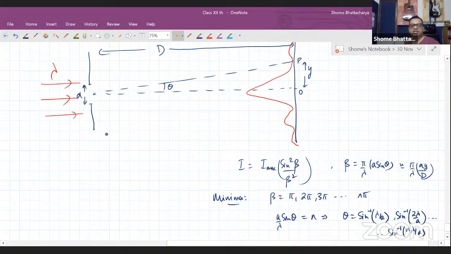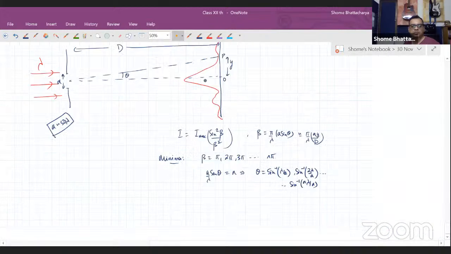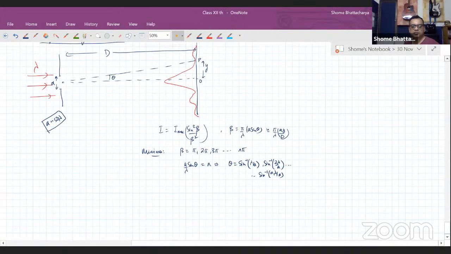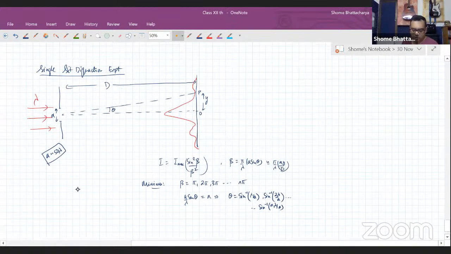And remember, for a standard single slit experiment, a is typically of the order of 50 lambda. So a bit wider compared to the YDSE setup, but still a very narrow slit width, nothing like a micrometer or anything like that. So this was the standard single slit experiment.